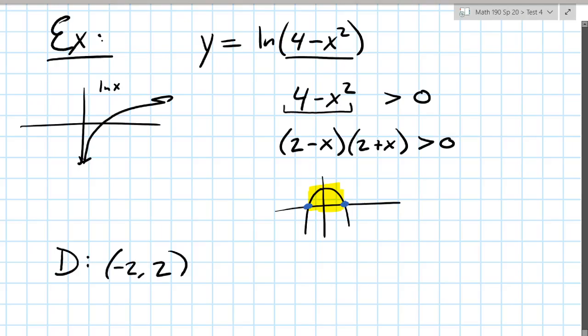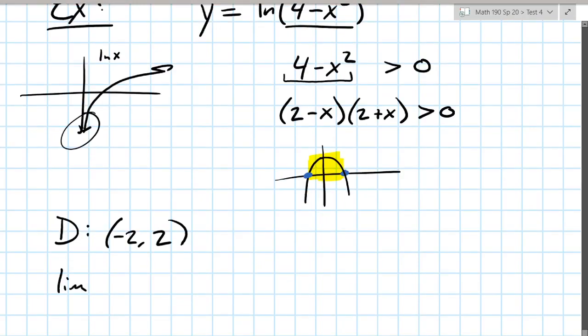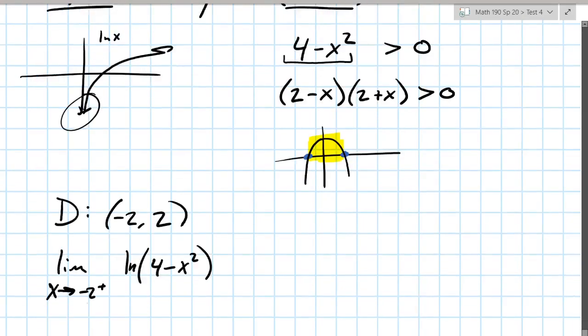Also we can notice that the ln of x has an asymptote at its endpoint, so we should suspect that the ln of 4 minus x squared also has some asymptotes. To check it out, we can take the limit as x approaches -2 from the right of the ln of 4 minus x squared. Okay, so -2 from the right is a little bit bigger than -2, like -1.9999.